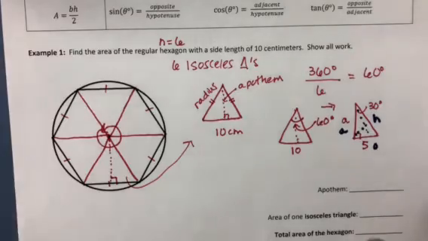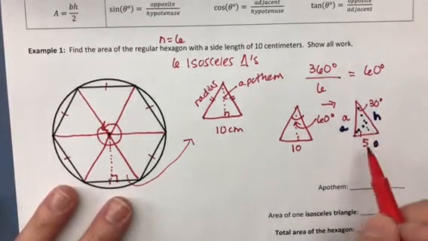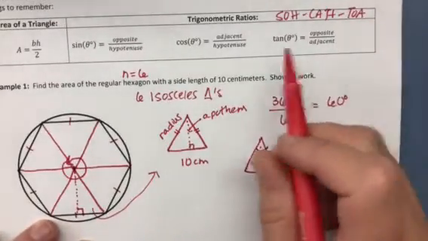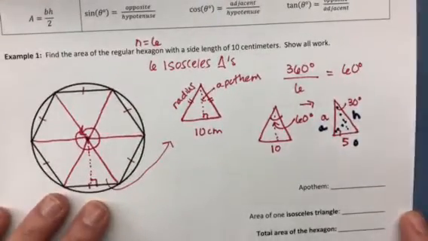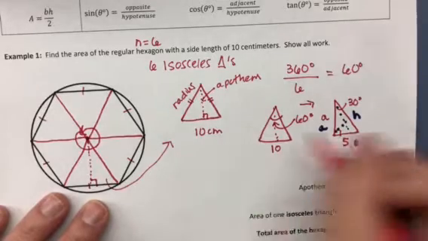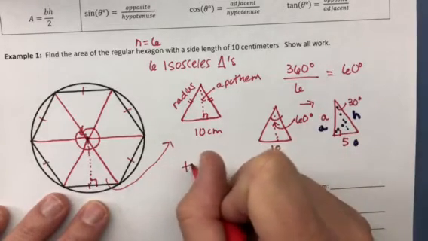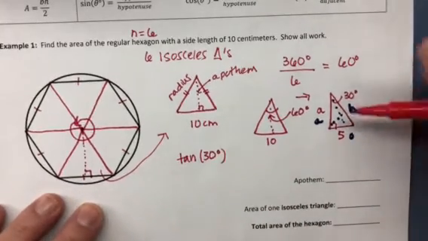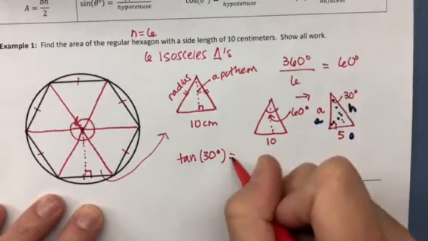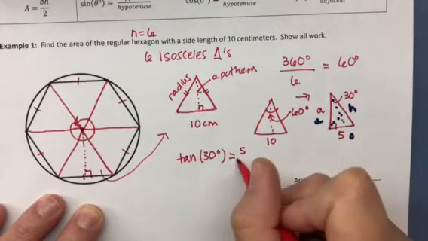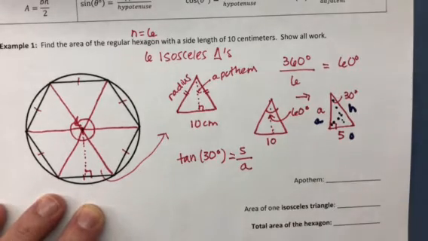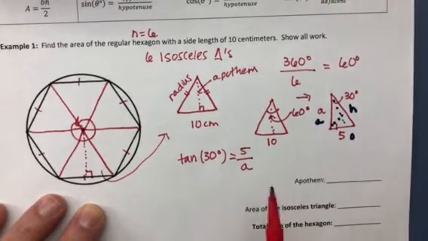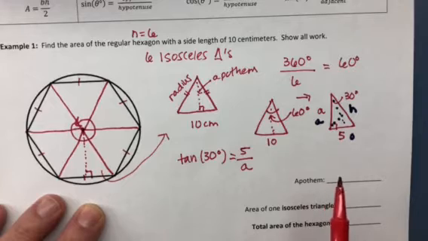All right, so we need to set up a trig function. We know the opposite, we're looking for the adjacent, so that means we have to use tangent, since it's opposite over adjacent. I'm going to write the work over here because I'm running out of room. So the tangent of 30 degrees is opposite, so 5, over adjacent A. Remember, when our number is on top, we can't multiply both sides by 5.